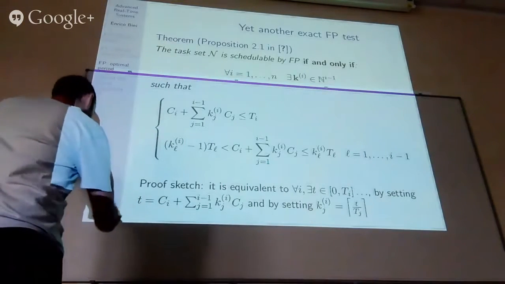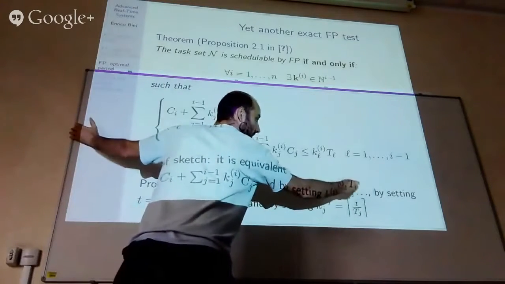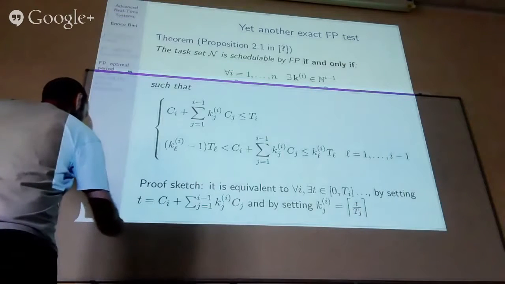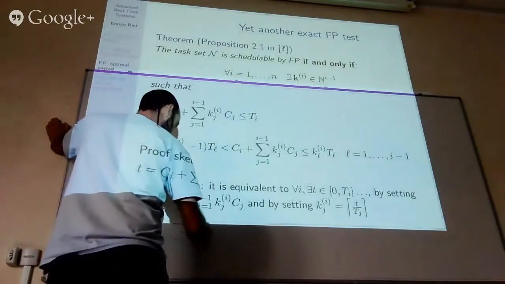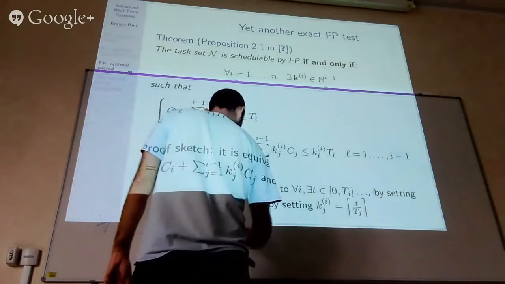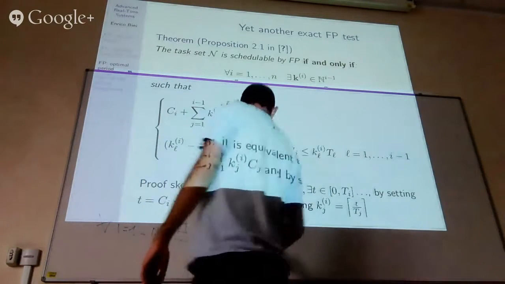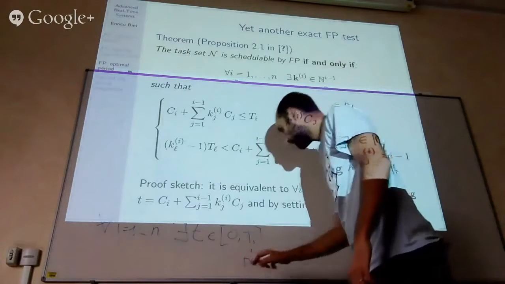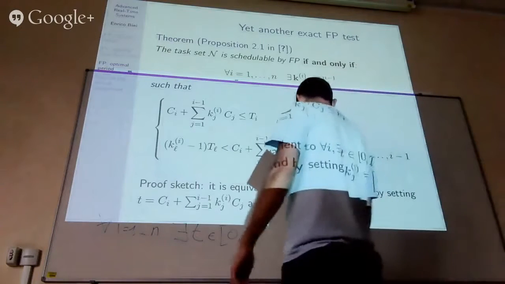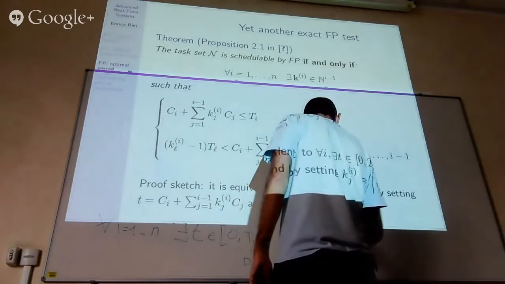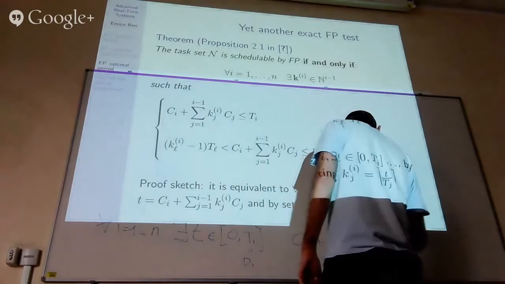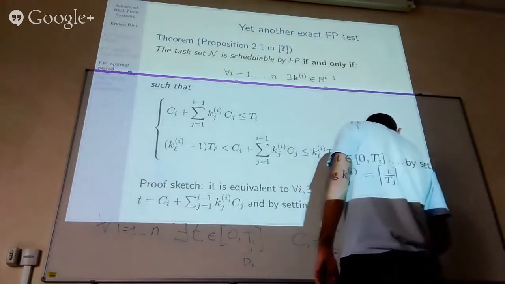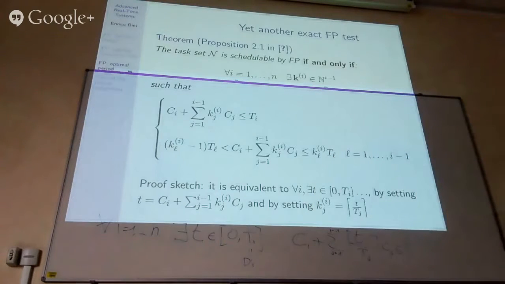We are in the constrained deadline case, so for all tasks from 1 to n, there exists a t in (0, deadline], or since I'm assuming constrained deadline, in (0, period], such that the computation time of the task plus the interference is less than or equal to this point t. This is the condition that you should feel confident with.